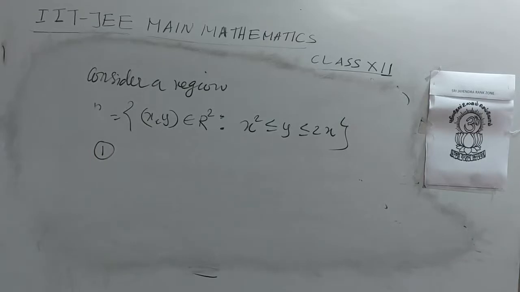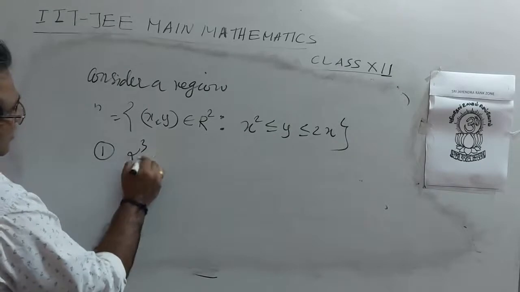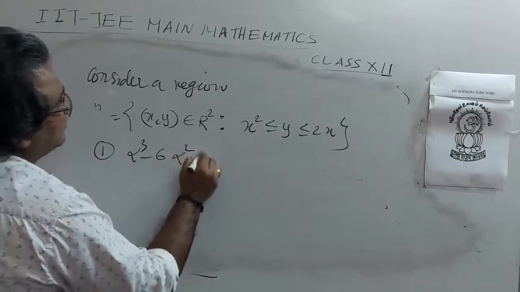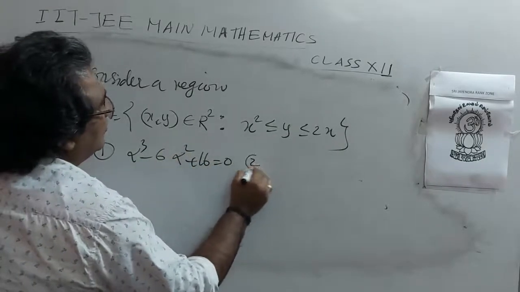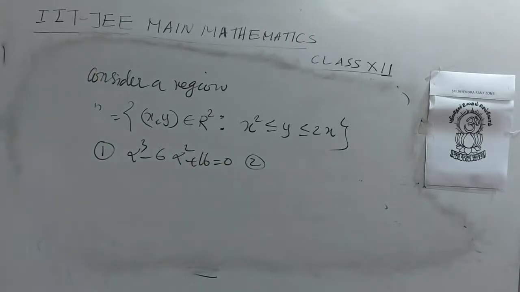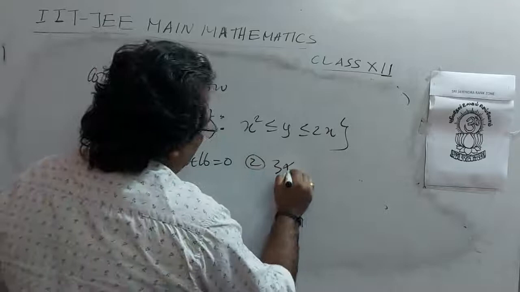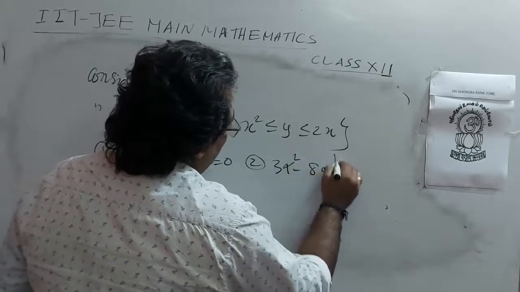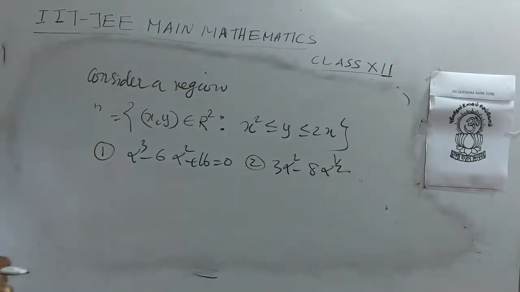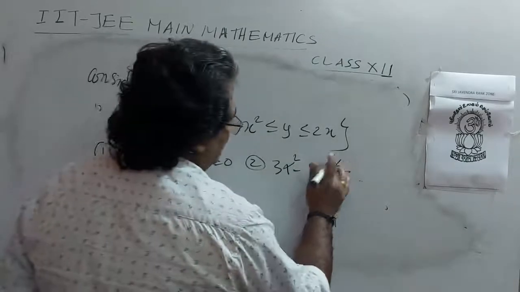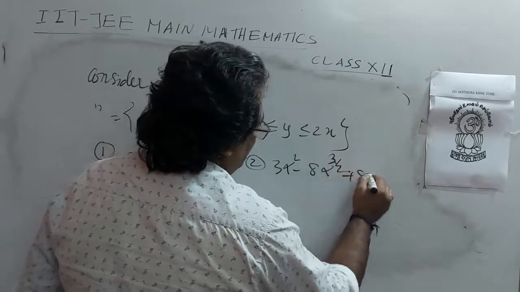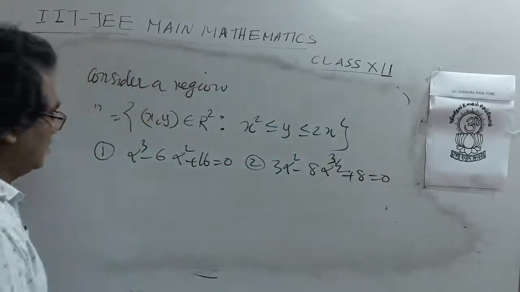First option, alpha cubed minus 6 alpha squared plus 16 equals 0. Second option, 3 alpha squared minus 8 alpha power 3 by 2 plus 8 equals 0.